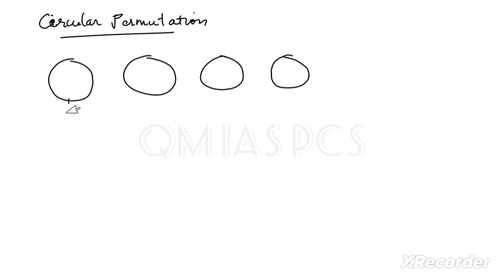This is A, this is B, this is C, this is D. The second one is A, B, C, D again in a different position. This one is A, B, C, and this one is D. Again here is A, B, C, and this one is D.